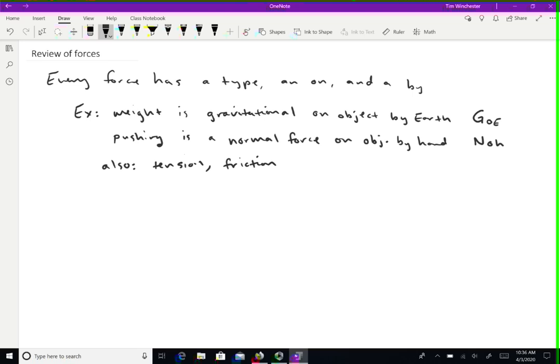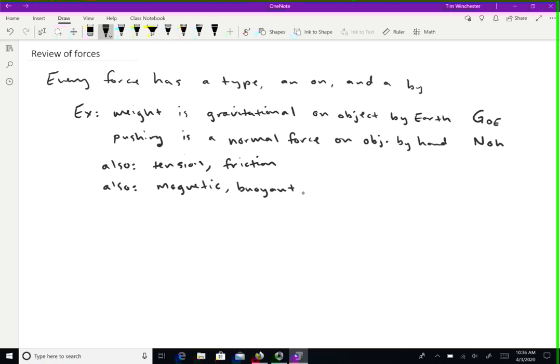Some that you would see from time to time in 121 were a magnetic force, maybe. Or you might see a buoyant force. That's the force that causes, say, a helium balloon to want to rise upward.